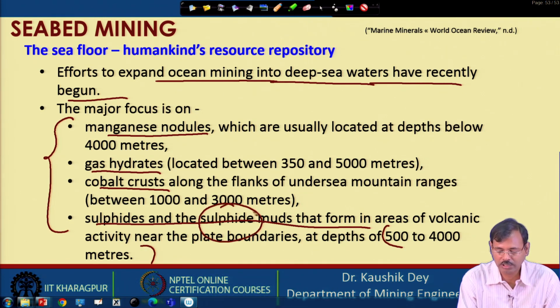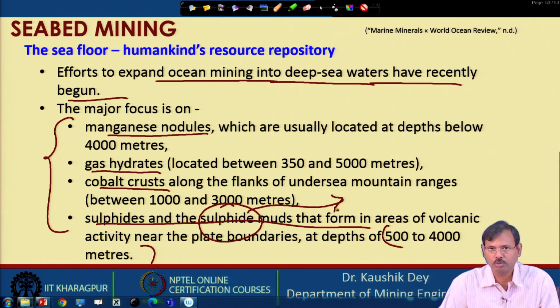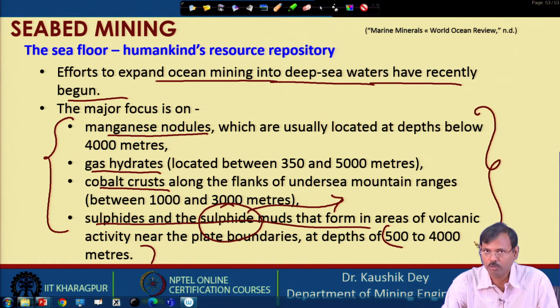These sulphide muds contain metallic sulphides, which are popular metallic ores. So, that is why seabeds are very valuable resources of mineral deposits, and that is why we are interested in this.